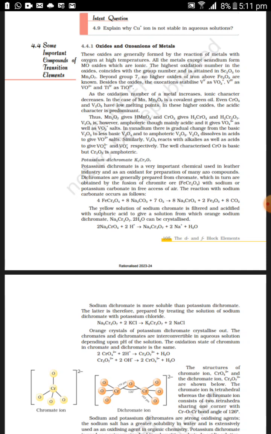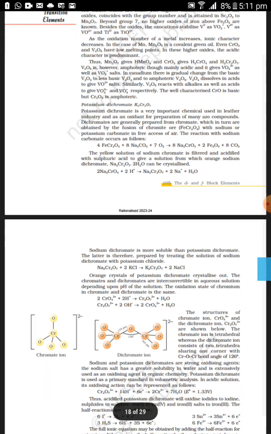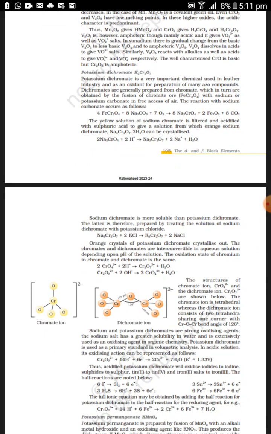Then is the structure of the chromate ion and the dichromate ion. Chromate ion has a tetrahedral structure and dichromate consists of two tetrahedral structures, right?